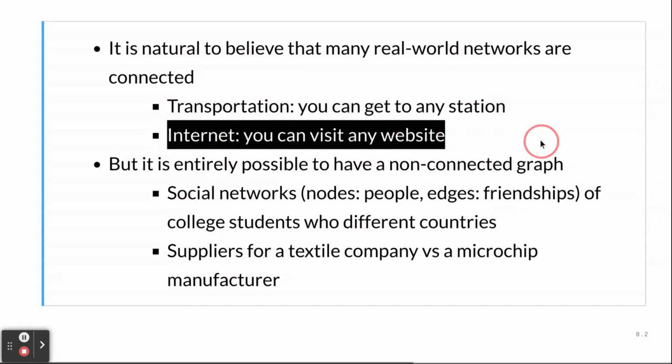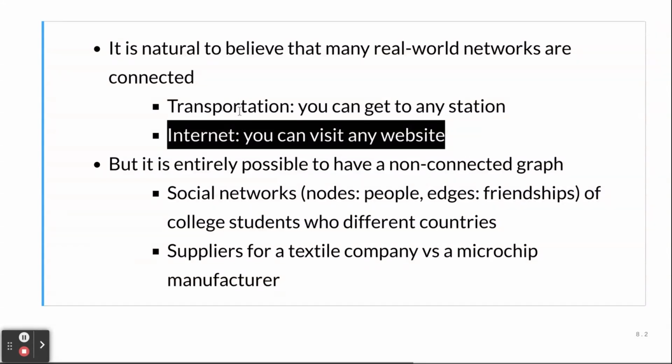I would argue that the content type of internet network would be not connected, whereas the hardware part of the internet network likely is connected, so that when I'm on my computer and I connect to the internet, I'm able to make requests to load arbitrary websites.